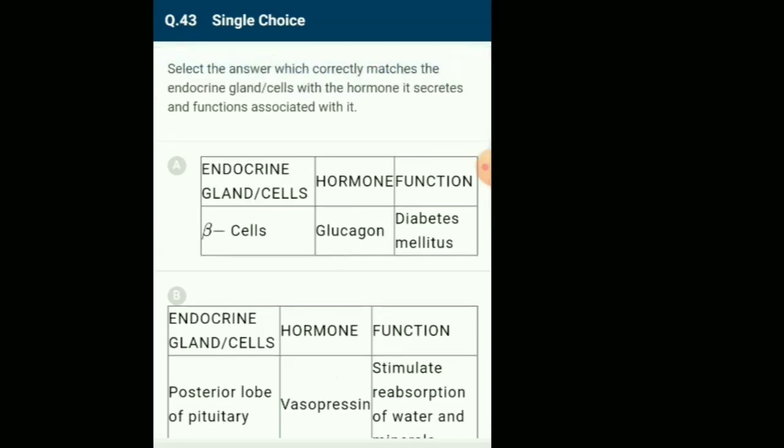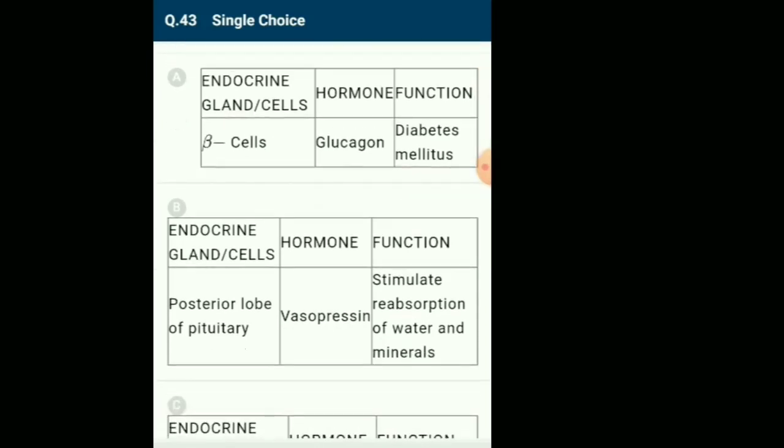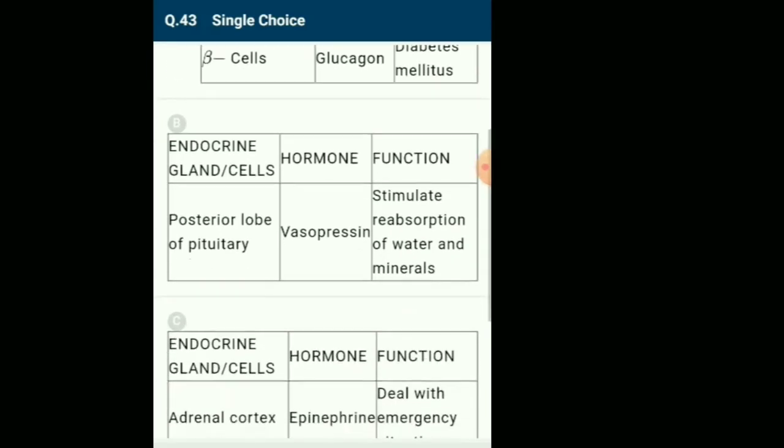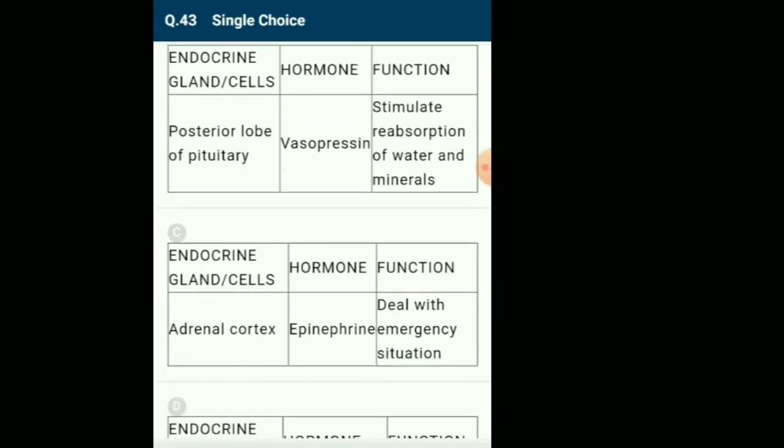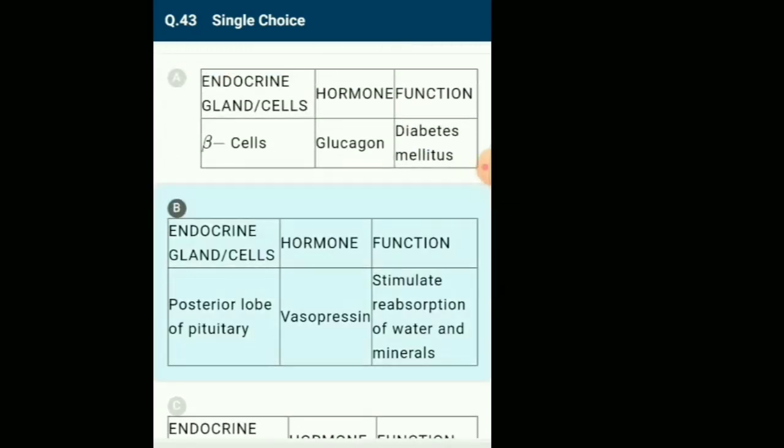Intermediate lobe of pituitary gland secretes melanocyte stimulating hormone that controls pigmentation. So the correctly matching option is option B. See, in option B, endocrine gland cells, hormone, their function is given correctly.